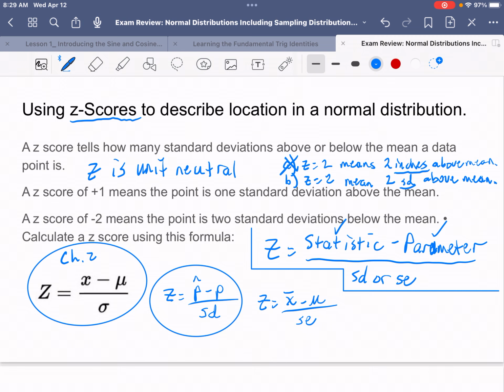And then sometimes we said z is equal to x bar minus mu over the standard error. My favorite way of thinking about z is z equals estimate minus predicted divided by standard deviation or standard error. Remember how to calculate z-scores.